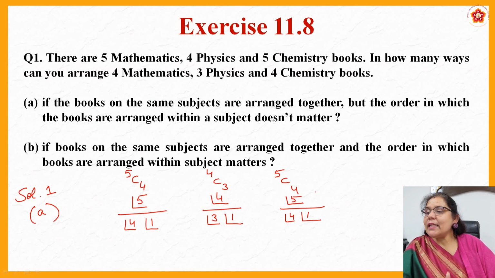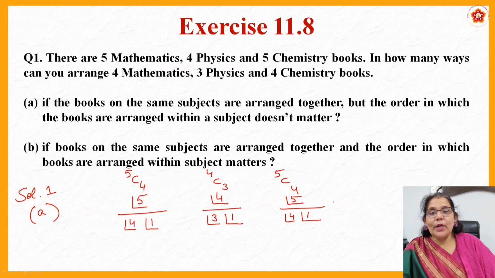Now in the first part they are saying that same subjects are arranged together, but the order in which the books are arranged within a subject does not matter. So that means the whole set of maths books can be treated as one unit, the set of physics books can be treated as a second unit, and the set of chemistry books can be treated as the third unit.